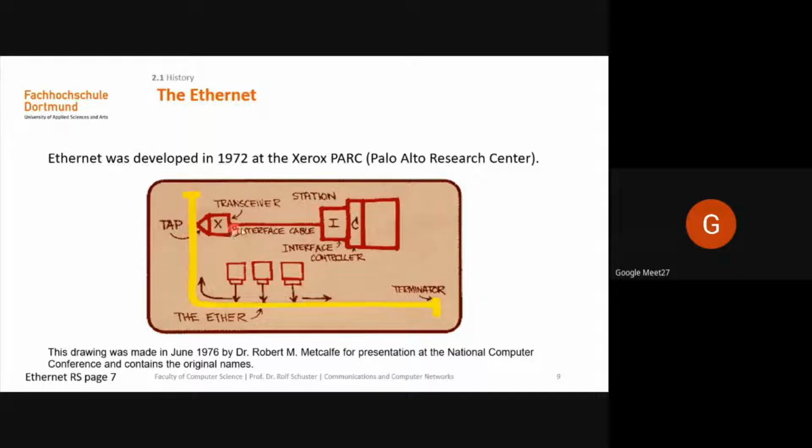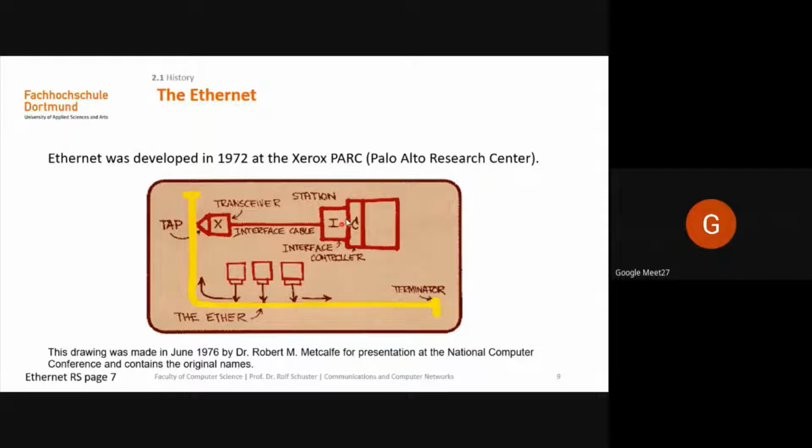The transceiver adapts the digital signal to the media, in this case, the coaxial cable. And in that way, all the stations can listen to what is transmitted across the shared media, across the coaxial cable, and if nobody is transmitting, they can transmit a message, a frame, over the shared media.